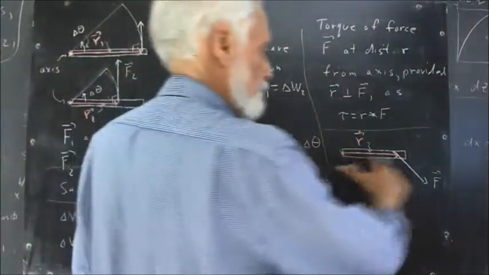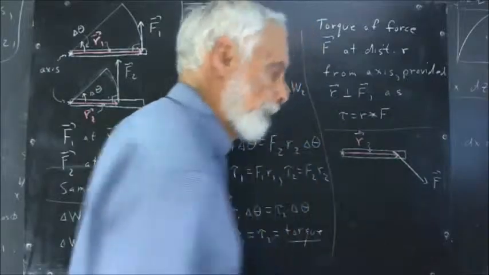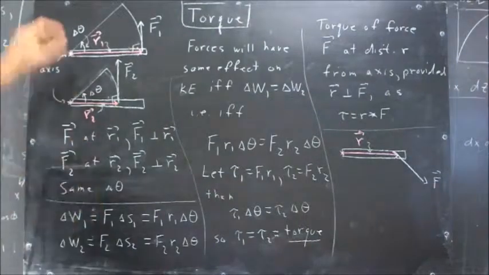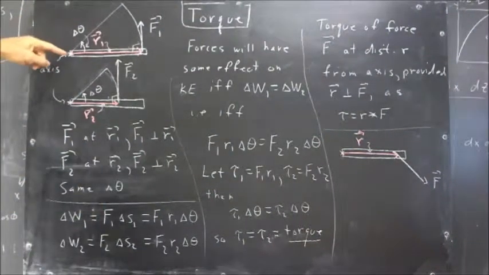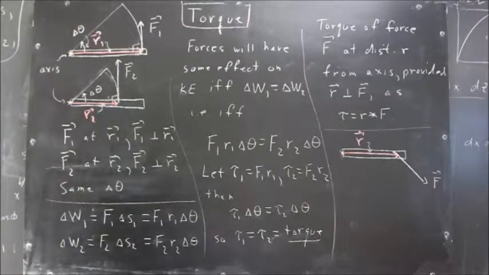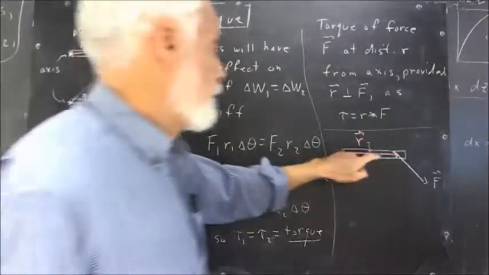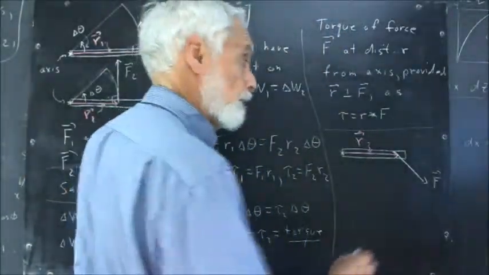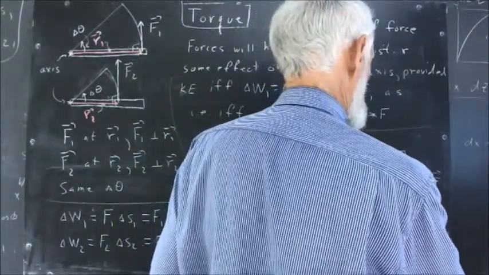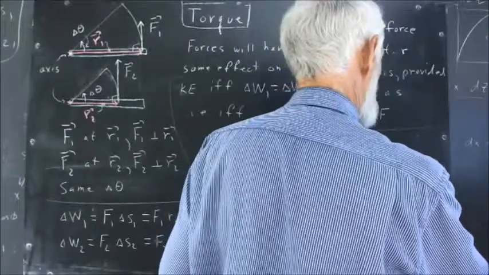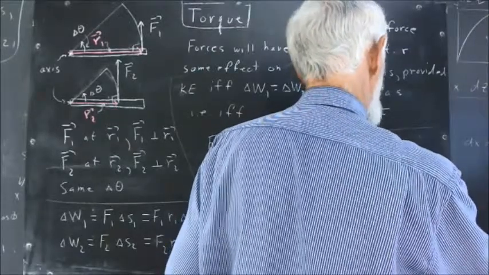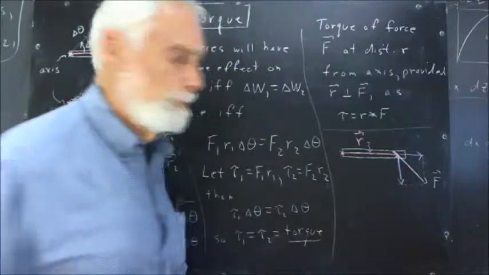So let's think about the same situation. We have an F vector here that is not necessarily perpendicular to the r vector. Incidentally, the r vectors might have been a little difficult to see before, but here's the r1 vector, here's the r2 vector. Now, if this is the r vector and this is the F vector, then of course the F vector can be replaced by its components parallel and perpendicular to the r vector.